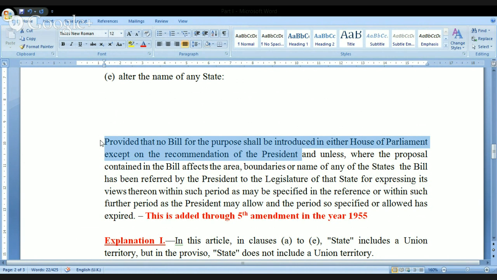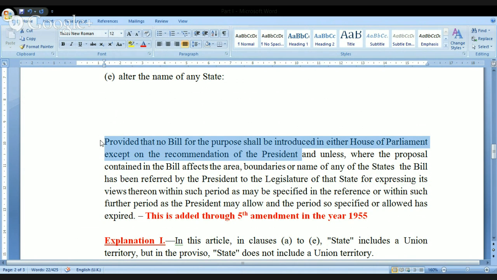But a new provision or new condition has been created in the constitution saying that if you want to do anything under Article number 3, the same thing can be done by introducing the bill in either house of the parliament except on the recommendation of the president of India.